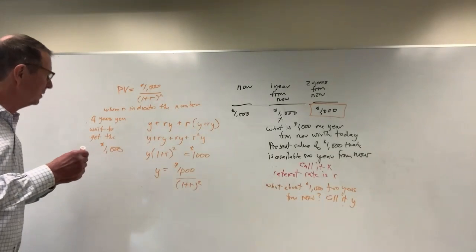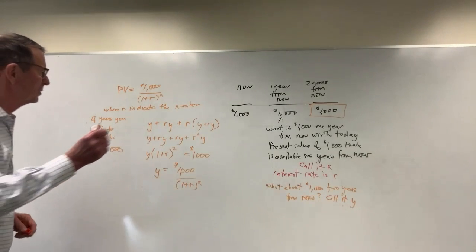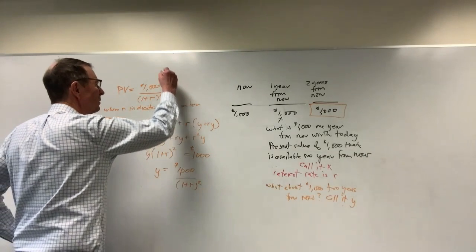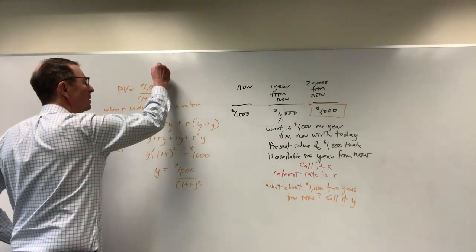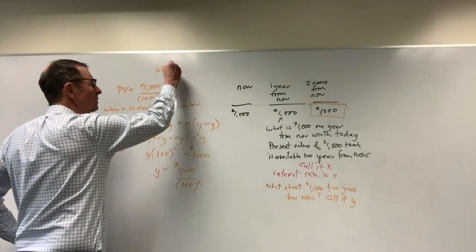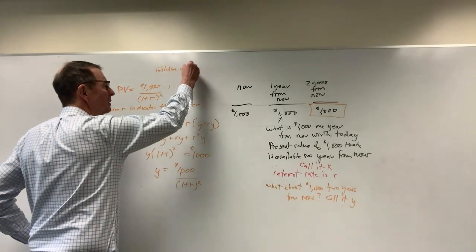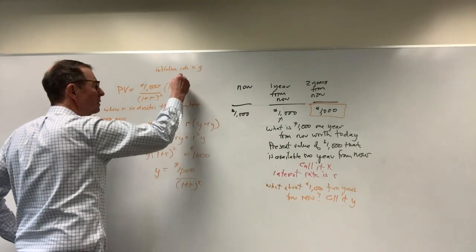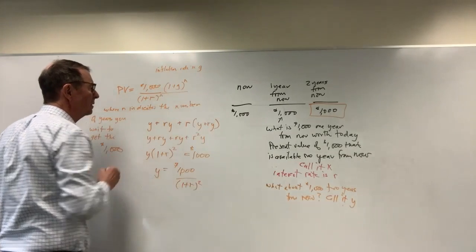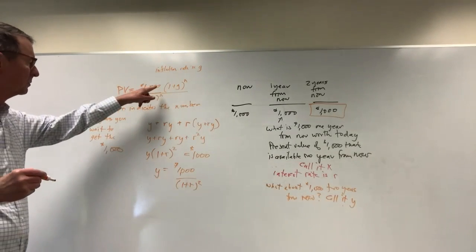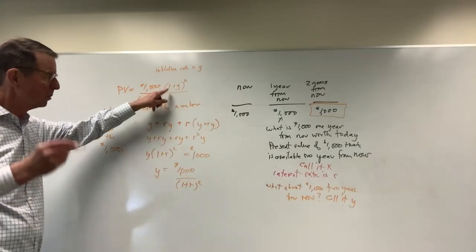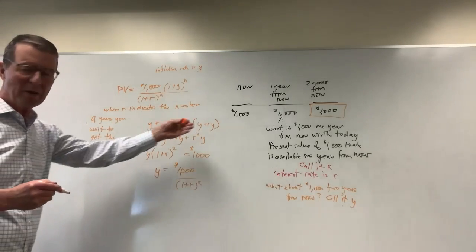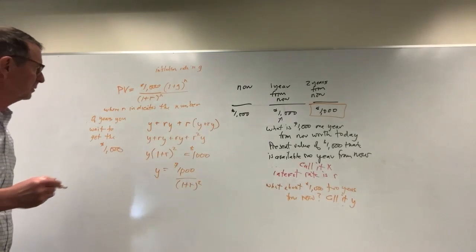So you can think about some future amount as being inflated by, let's say, the inflation rate is G. So all these $1,000 are going to be inflated by 1 plus 1 if it's a 10% inflation rate. And the further they go out, the more inflation there's going to be.